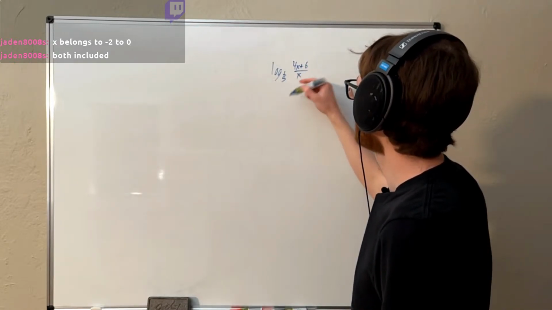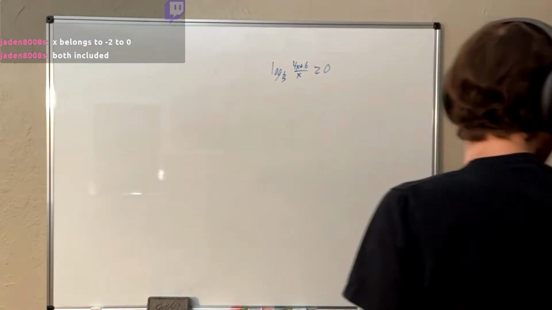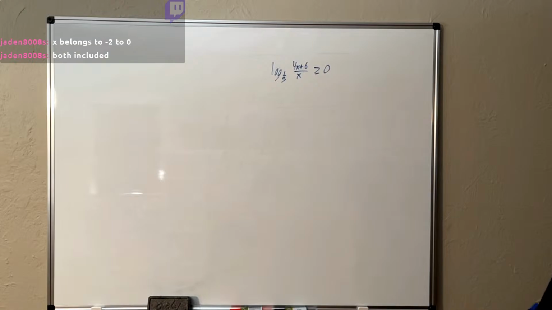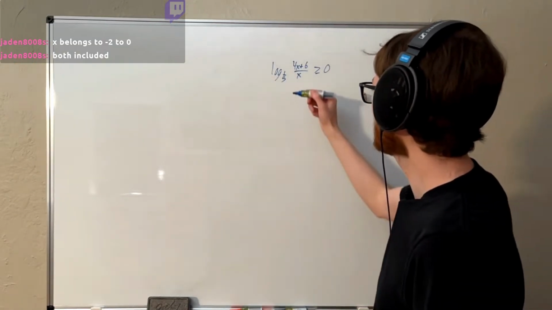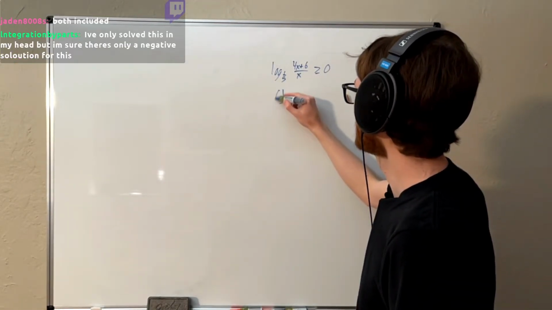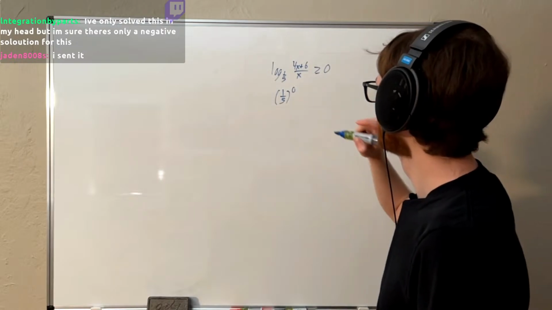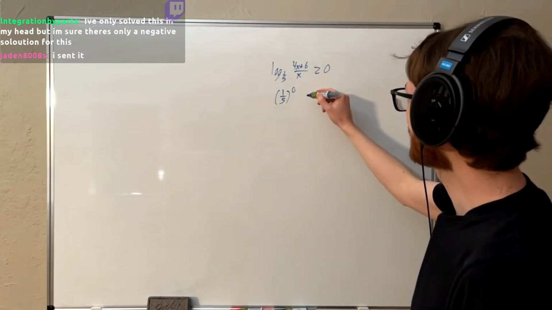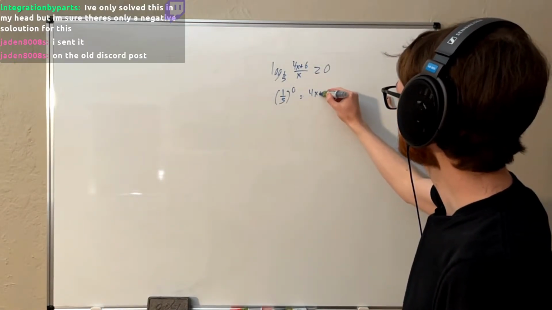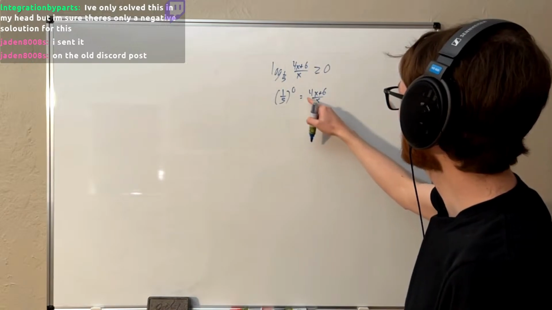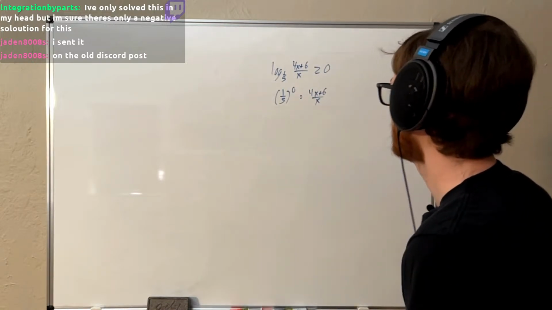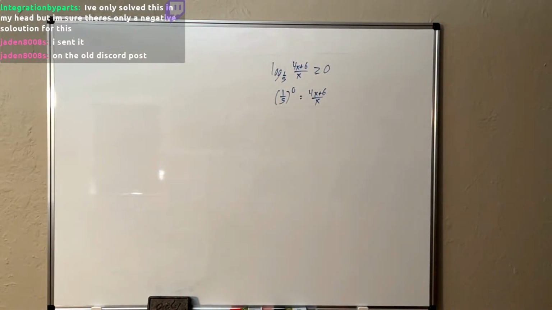I guess you could do log identities on this too. But I was just curious what happened if you put it into exponential form. Actually, how did the sign change? That's not necessarily an equal sign. It's certainly not an equal sign.